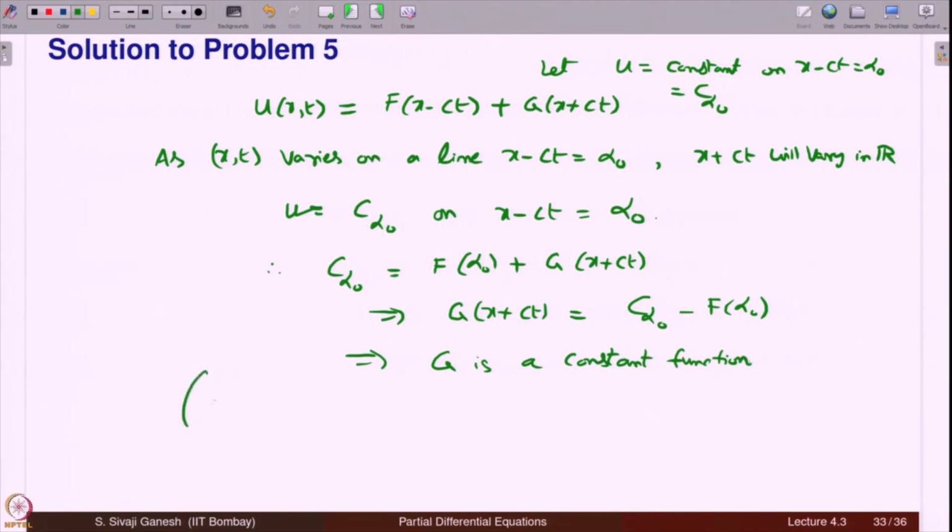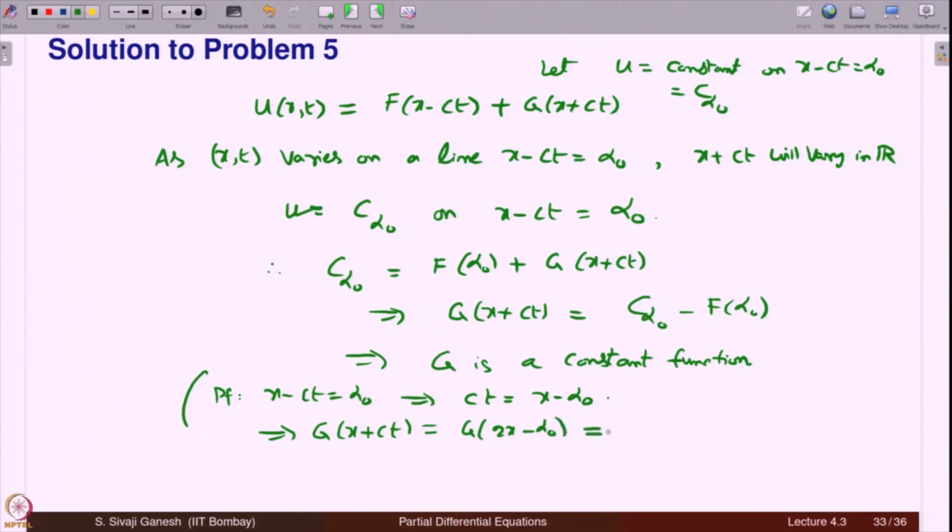Proof: x minus ct equal to alpha naught, right, that is where (x, t) is varying. That implies ct is equal to x minus alpha naught. That implies g of x plus ct equals g of 2x minus alpha naught, and that is equal to this number. What is that number? c alpha naught minus f alpha naught, which is a constant.